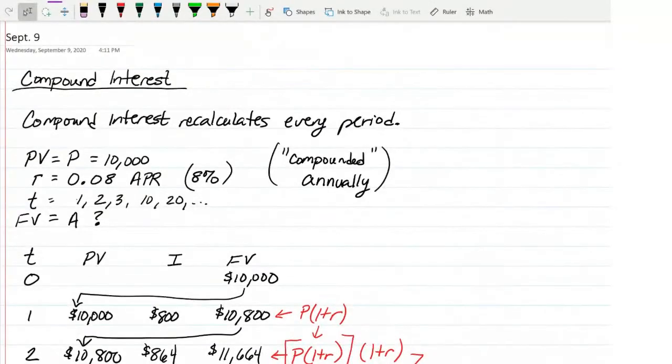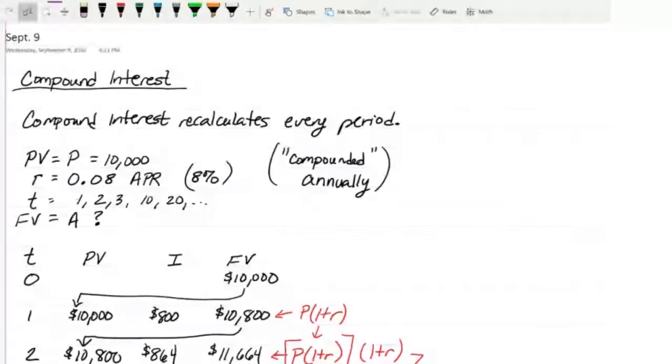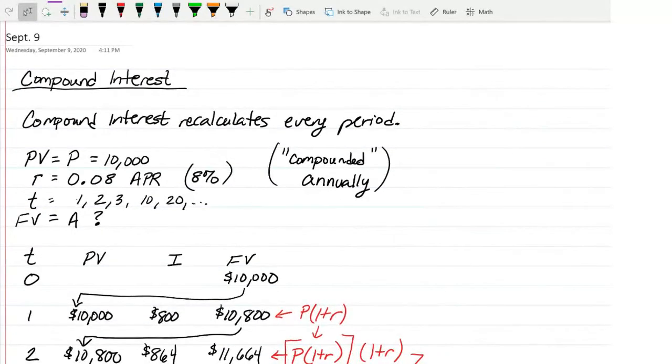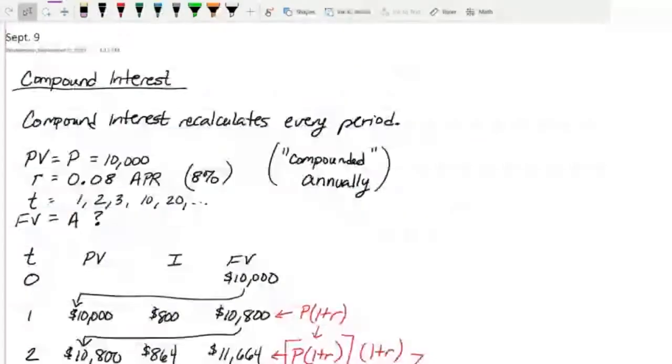For example, if I did simple interest every month for a year, I would calculate up front how much the interest would be every single month, and I applied that exact same amount of interest every month. So if I earned $10 of interest in the first month, I'd earn $10 of interest in the second month, et cetera, et cetera. In compound interest, by contrast, the interest will be recalculated every time we calculate interest.